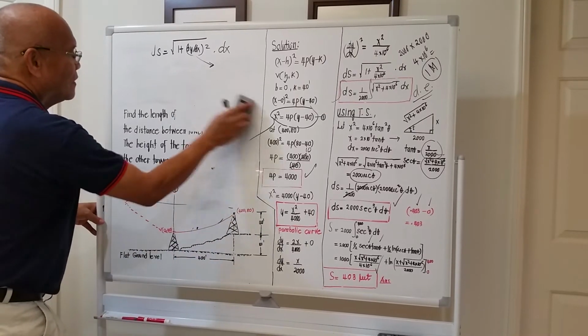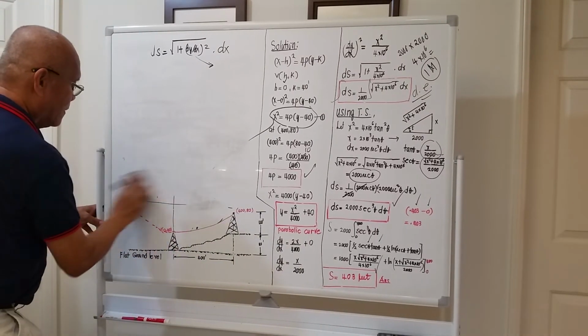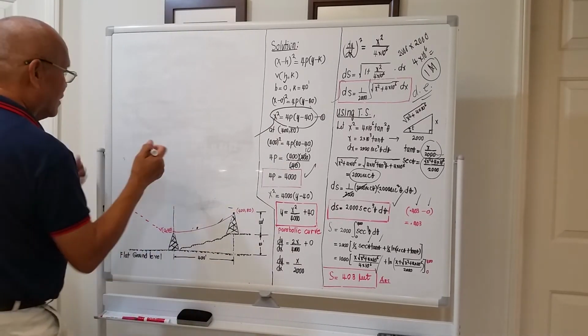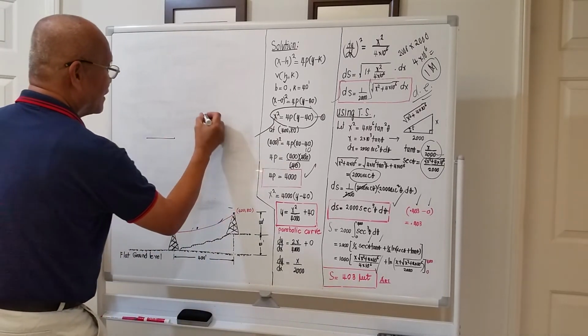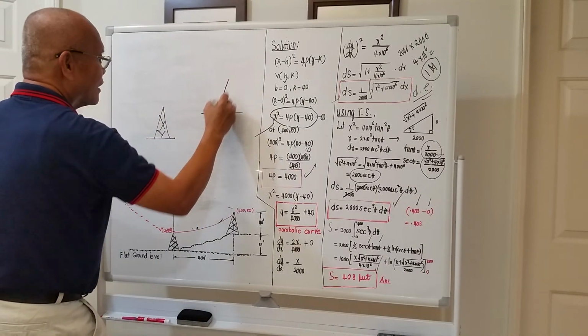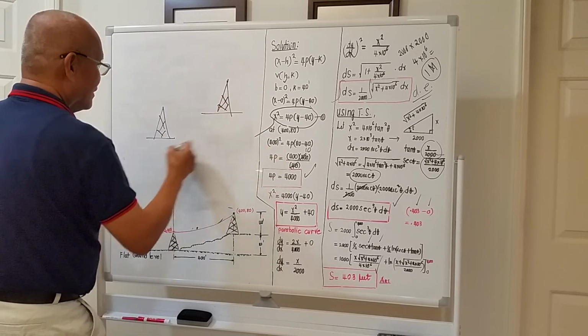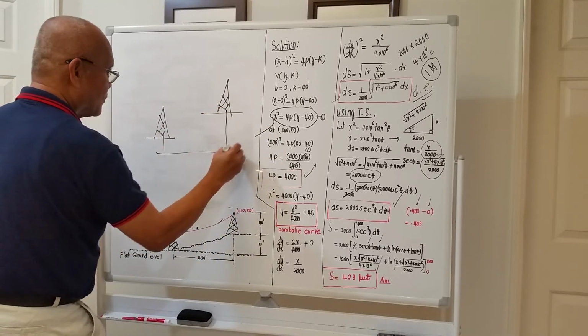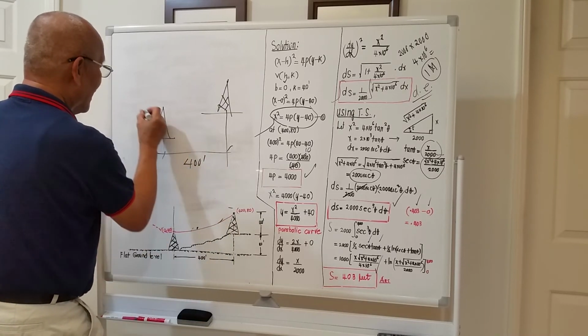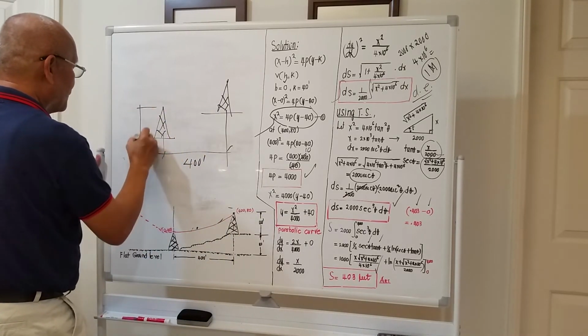Okay? You see it, guys? We got a ground level here, another ground level. We got the transmission tower here. We got a tower here. The distance between these is 400 feet. Okay. The height of the tower is 40 feet.